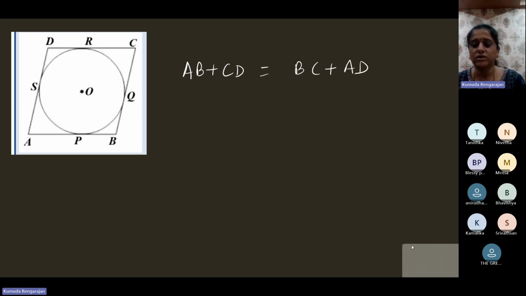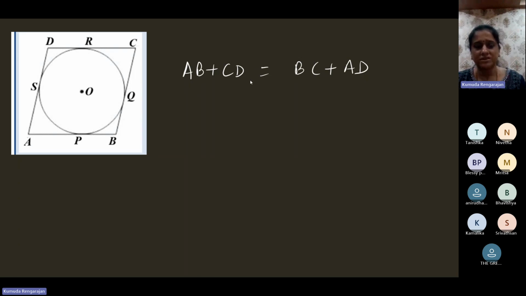So I said, repeat, you just have to do that proof where we prove that the sum of the opposite sides are equal: AB plus CD is equal to BC plus AD. We know how to prove this result. Now, the given quadrilateral is a parallelogram. So in a parallelogram, opposite sides are equal.